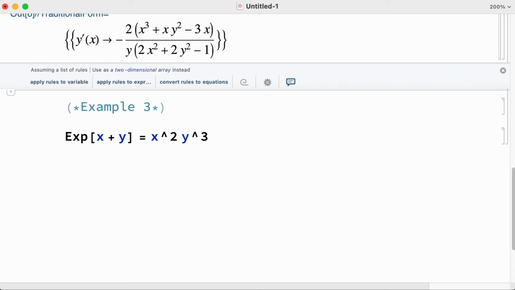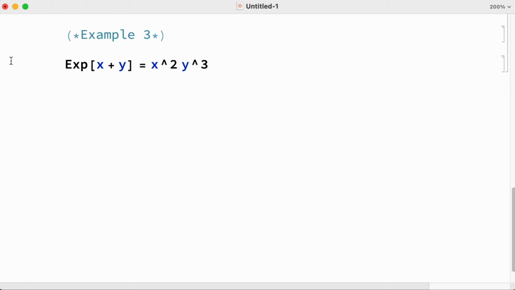If you are working in Mathematica, go ahead and try example 3 on your own. Pause this video and then come back and see how I solve the problem. All right, the first thing I'm going to do is take y and indicate that it's a function of x, make sure my equal symbol is doubled, and then we are ready to differentiate this expression with respect to x.